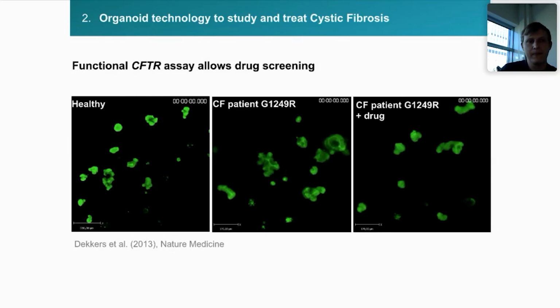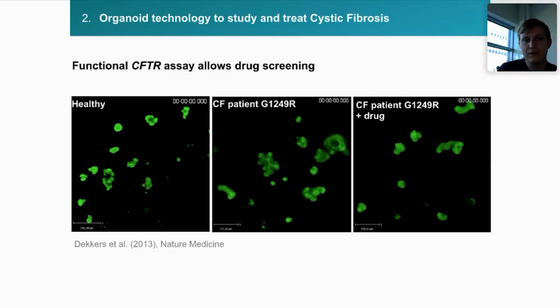When you generate organoids from healthy people that don't have mutations in this CFTR channel, you give them a certain drug called forskolin, which is very similar to cholera toxin, a toxin that is produced by bacteria that induces massive diarrhea.